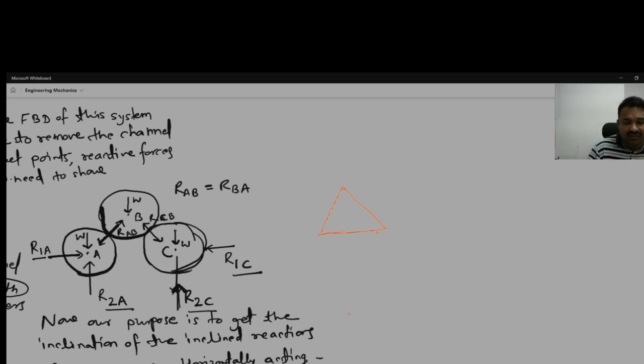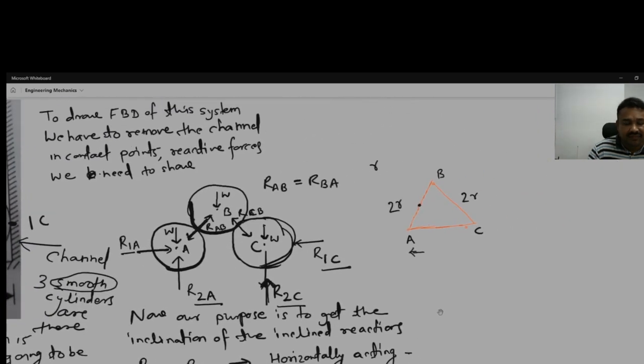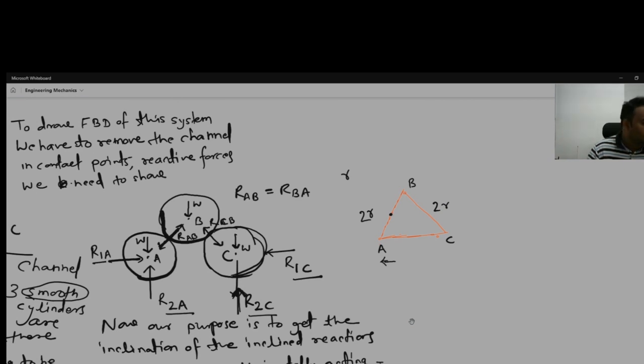Okay, this is A, C, B, and as radius of each cylinder is R, so that's why this line becomes now 2R, this line also 2R, but length of this in the question you can see length is 5R. So here it will be 3R. Okay.